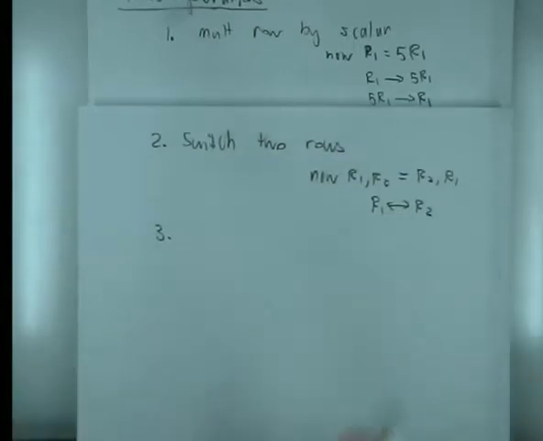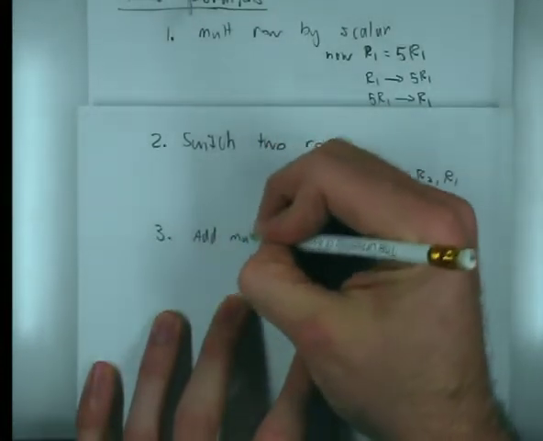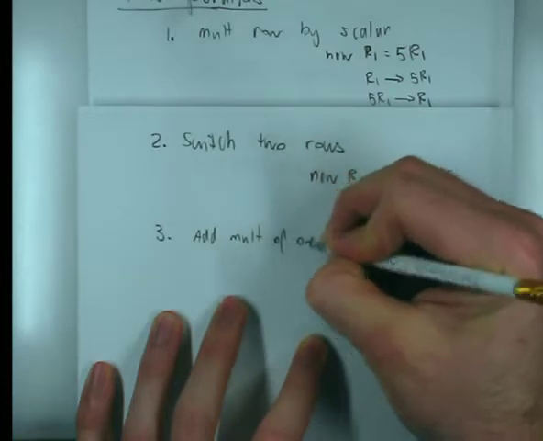And then the other one is you can add on a multiple of one row onto another one, as long as you keep it in the position that the one you're adding onto is. And I know that really doesn't make any sense when you listen to it. So, add a multiple of one row to another.